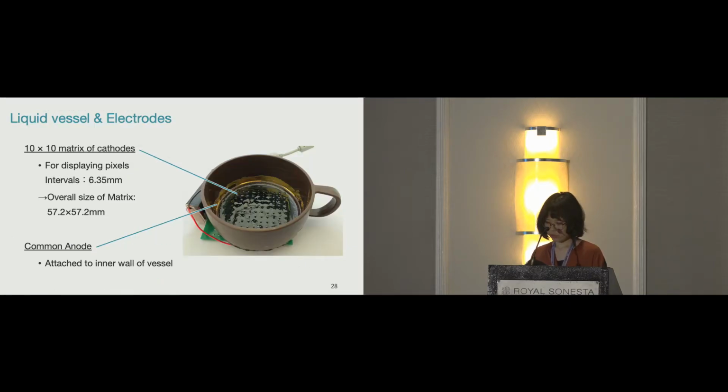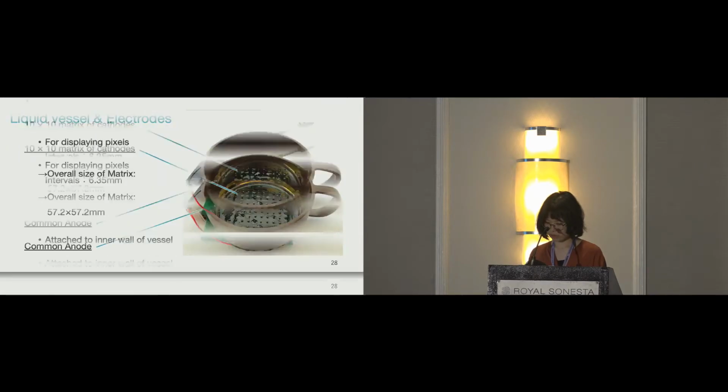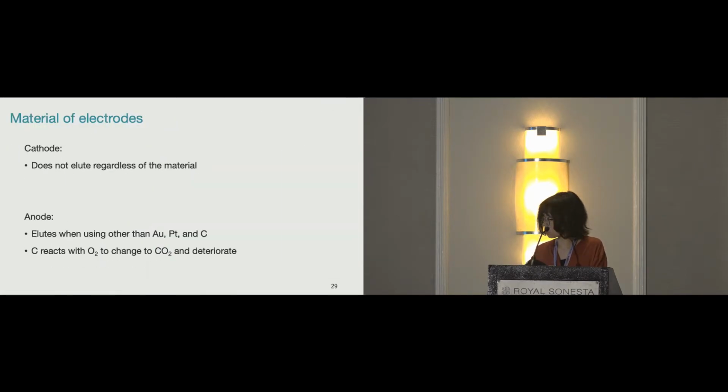The electrodes for pixel display are only cathodes and are arranged in a 10 by 10 matrix. On the other hand, the anode is common, and we place it along the wall inside the vessel. We selected the electrode material that does not elute and deteriorate during the electrolysis.